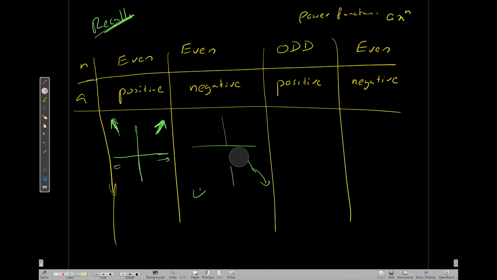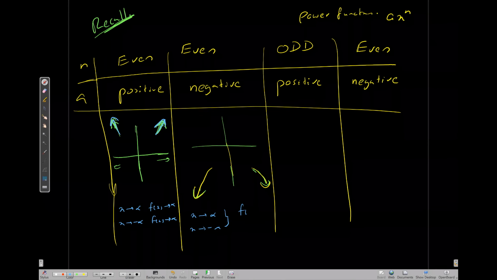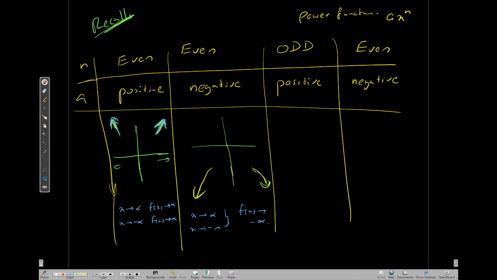You will understand this crystal clear when we do more examples in our next video. And in the even, negative case, when x goes to infinity and when x goes to negative infinity, in both cases f of x goes to negative infinity.